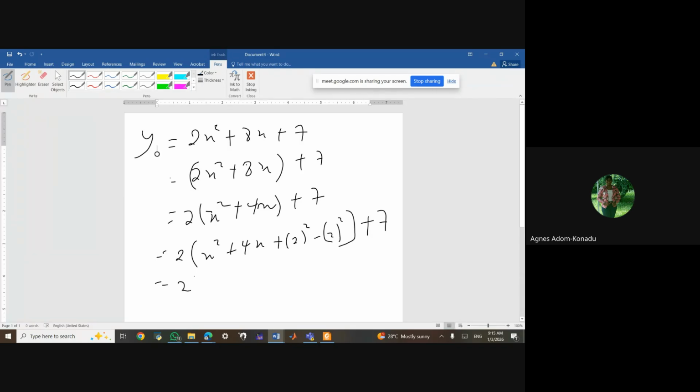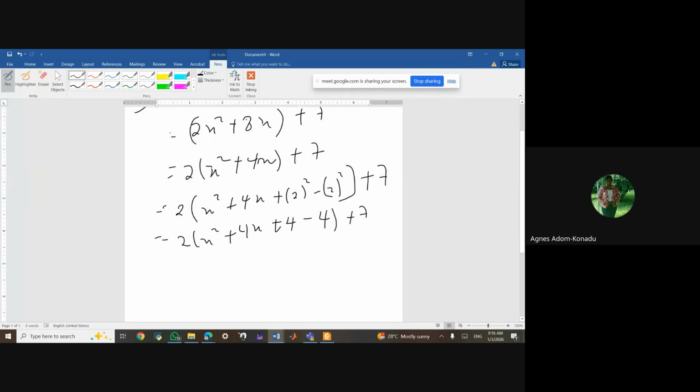So this is 2 outside, x squared plus 4x plus 4 minus 4, and then plus 7. I want the minus 4 to go out: 2 into x squared plus 4x plus 4, and the 2 times minus 4 gives me minus 8, so minus 8 plus 7.